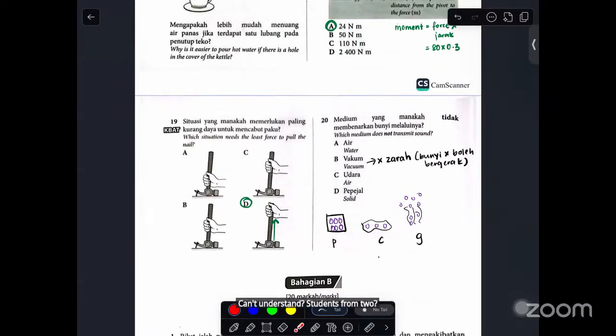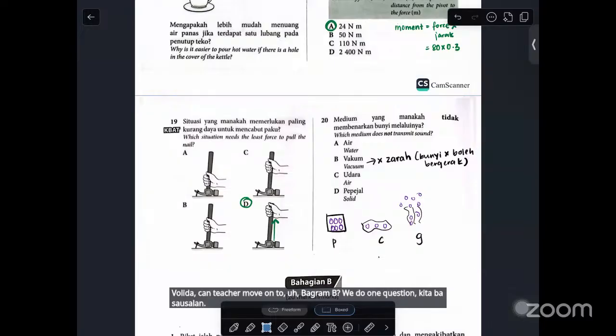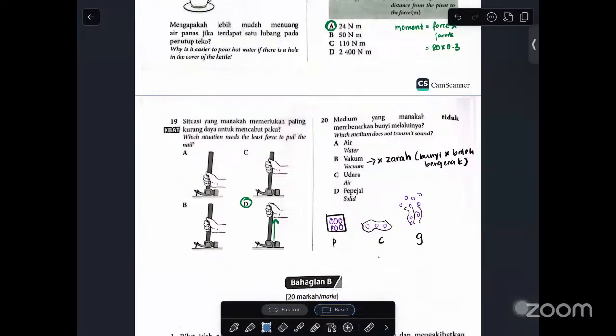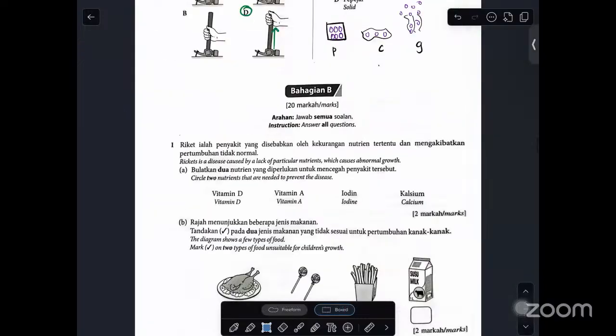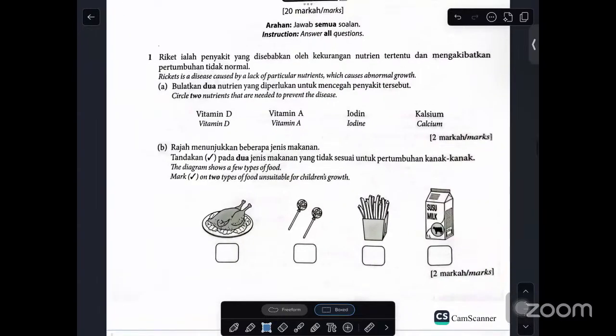Boleh tak? Can teacher move on to bahagian B? We do one question. Kita buat satu soalan. So far, okay? Alright, let me send you this page. Okay, jom kita buat satu soalan. Alright, rickets ialah sejenis penyakit kekurangan nutrien tertentu and then mengakibatkan pertumbuhan tidak normal.